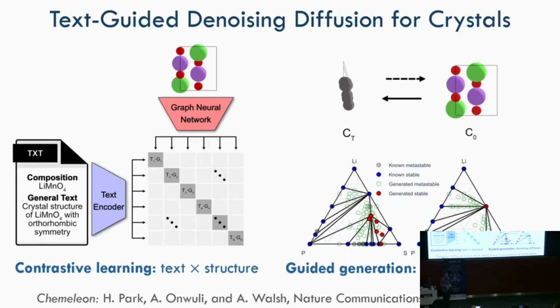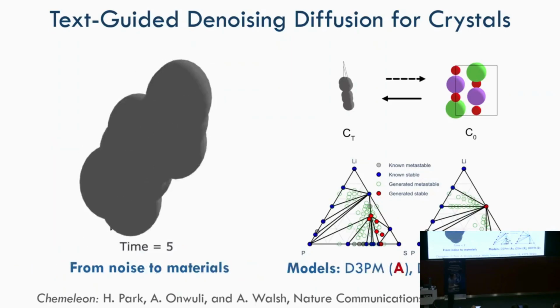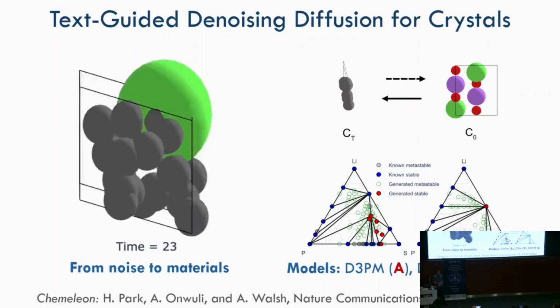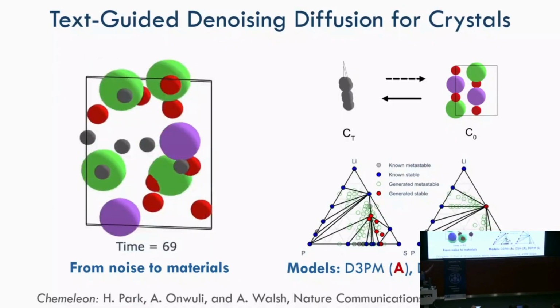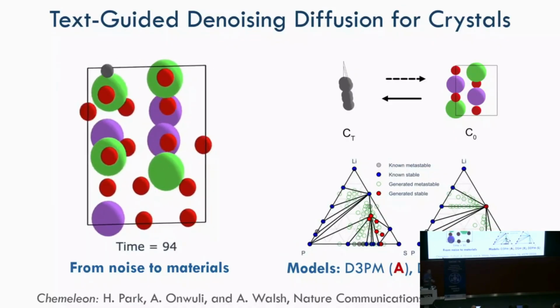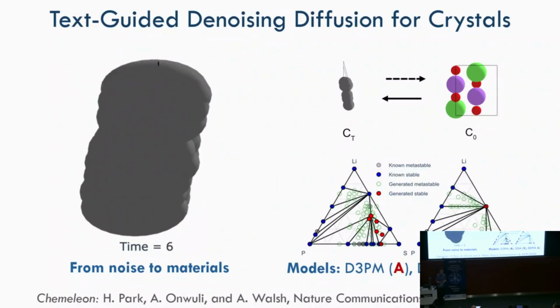So the denoising diffusion model, where you go from a random material on the left, which is just random atoms in a random box, and they diffuse to a realistic crystal. And it turns out this is actually very effective. So you'll see in 100 steps here, you go from the random sample to something that's chemically quite reasonable and actually very low energy.